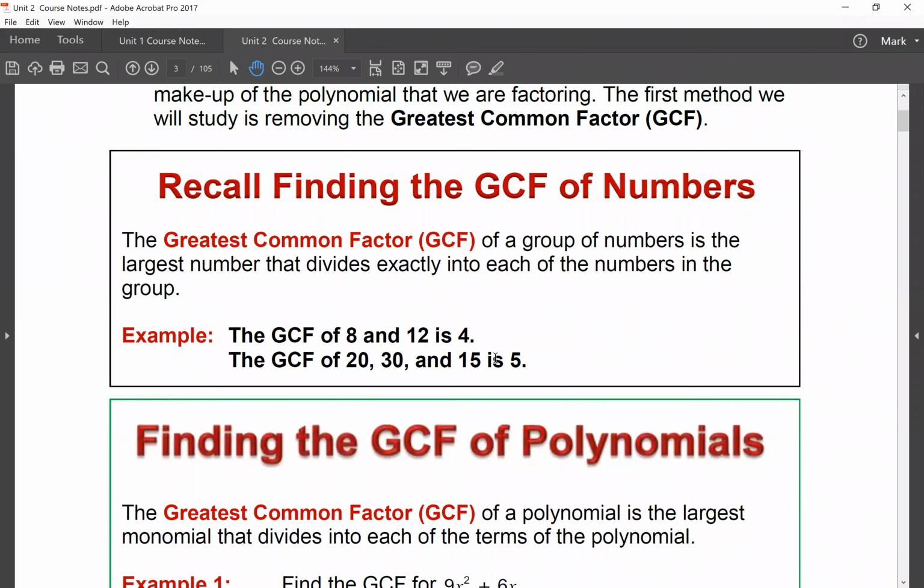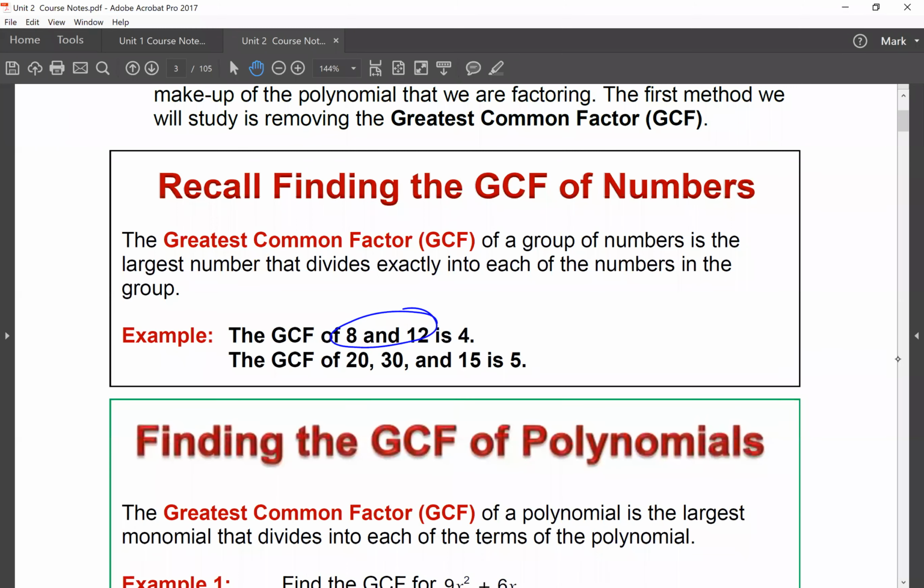So what do I mean? Okay, take the numbers 8 and 12. I need to consider a number that divides evenly into both of them. I know 1 divides into all of them, right? 8 divided by 1, 12 divided by 1, obviously that works.